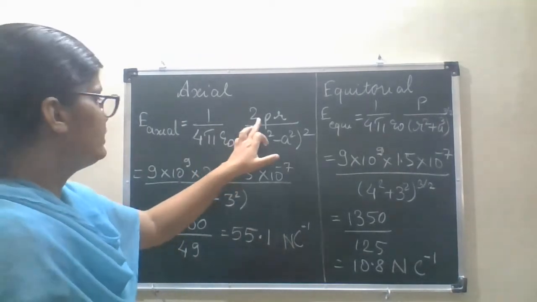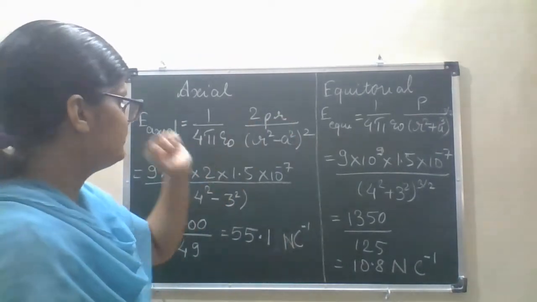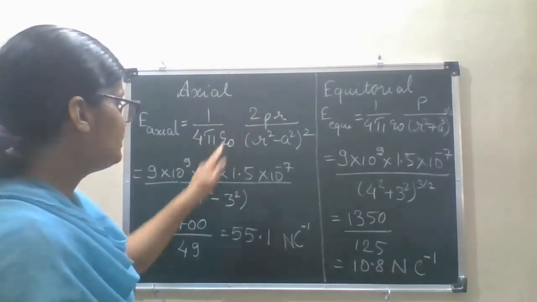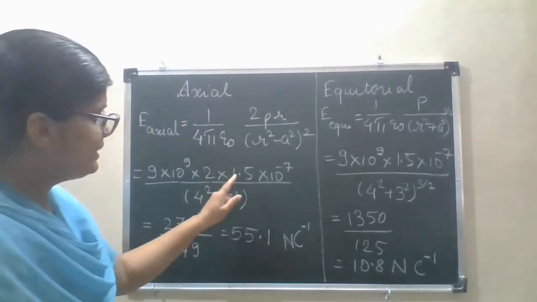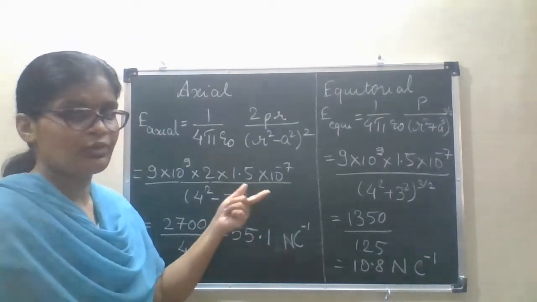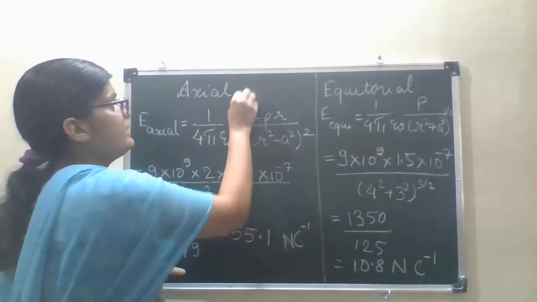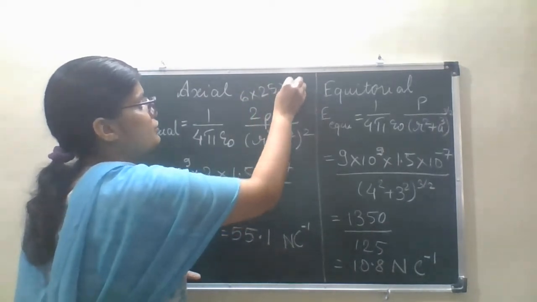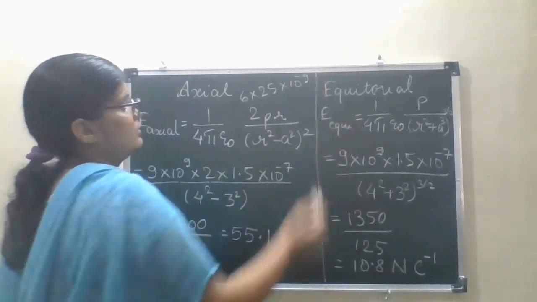Yes, we know it. Then twice p r. This 2 is as it is over here, and this 1.5 into 10 to the power minus 7 came from multiplying 6 into 25 into 10 to the power minus 9.